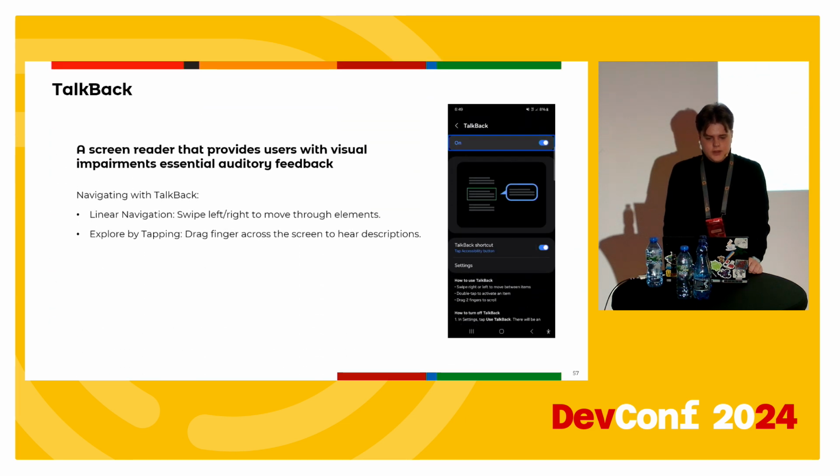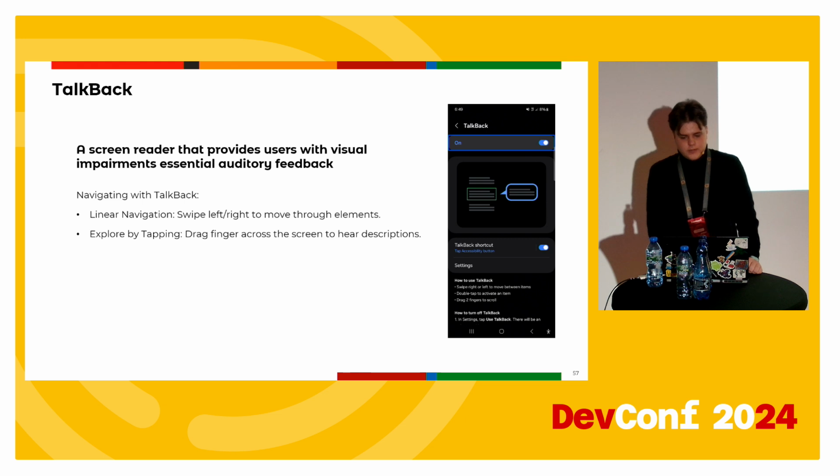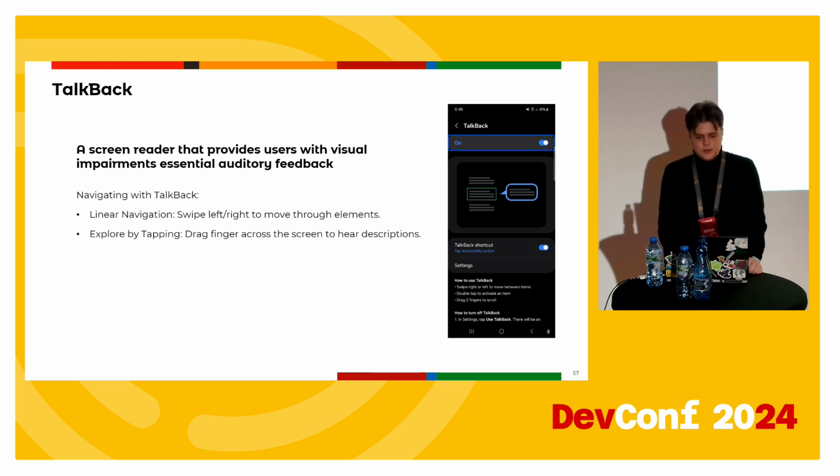Let's see one key accessibility service, TalkBack, a screen reader that provides users with visual impairments essential auditory feedback. Once TalkBack is on, there are two common ways to navigate. Linear navigation, which is quickly swiping left-right to navigate through screen elements in sequence, and double tap anywhere to select the current screen element.